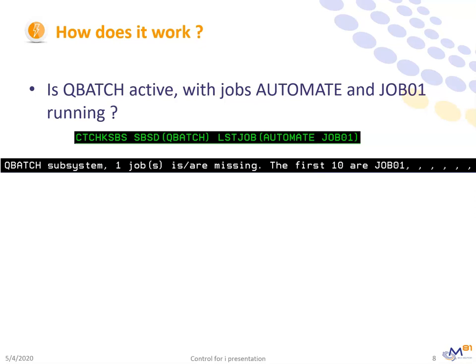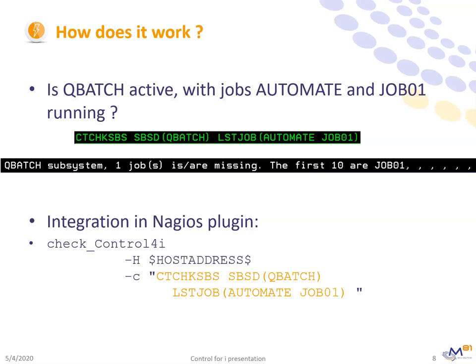When the command is ready with the right parameters, we have to create the Nagios service, that's the name of the check in Nagios. We only have to copy this command and paste it into a parameter of the plugin, like we see here. That's it.